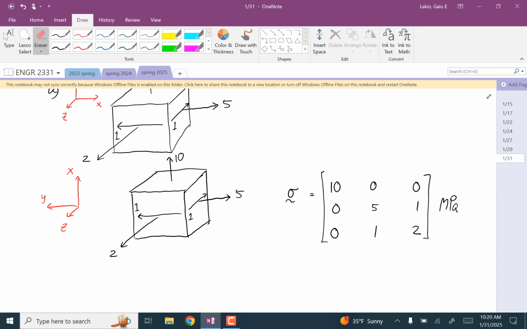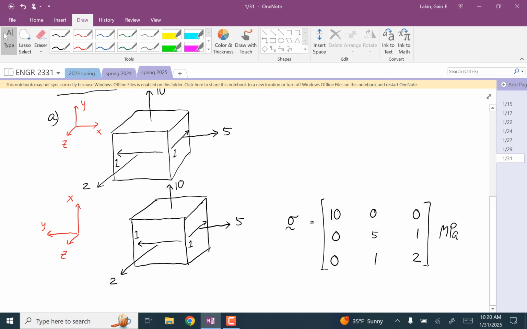So you're just rotating the coordinates 90 degrees. What we're going to do now with the rotation matrices is a transformation where we rotate about the z-axis, positive 90 degrees. I thought for a second these were the negative x, y, and z faces.